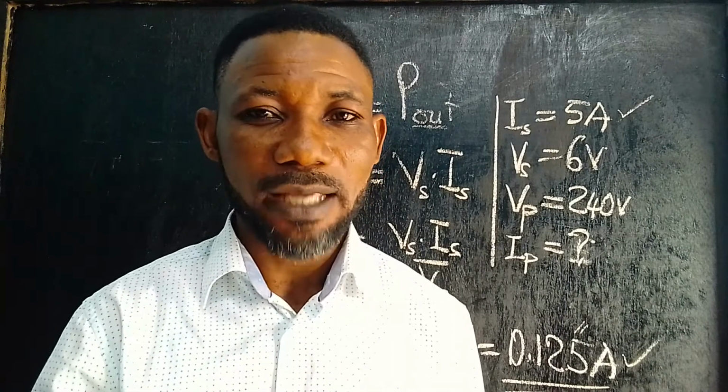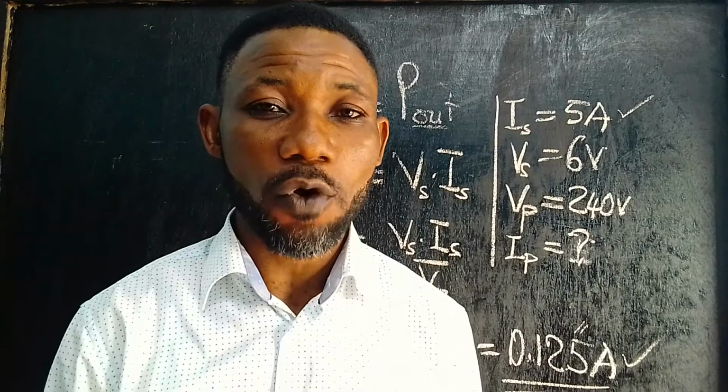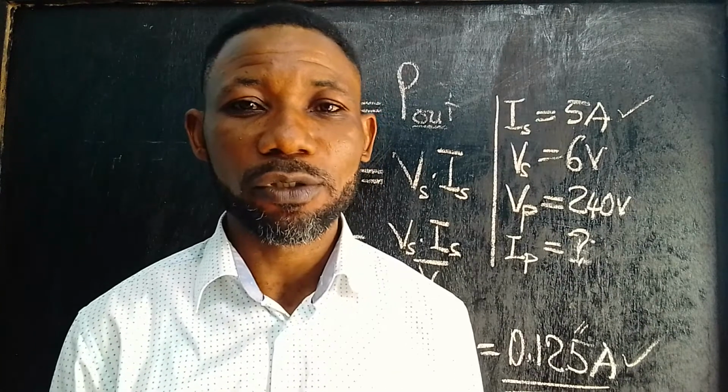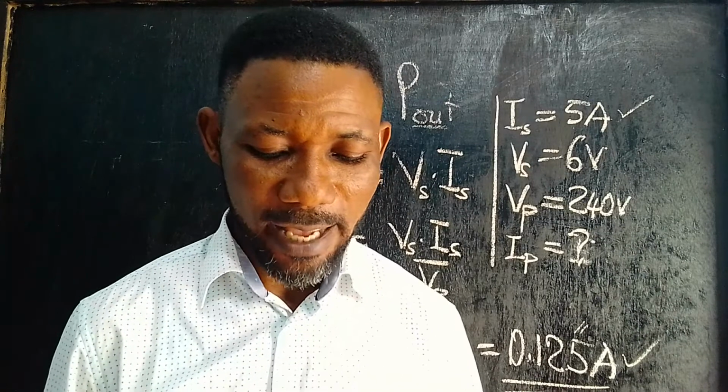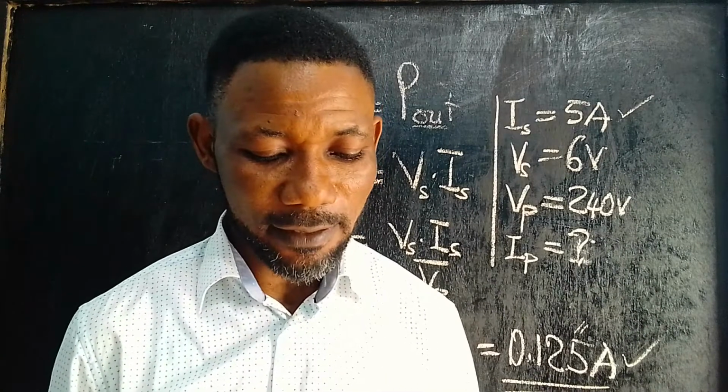Before interaction and after interaction, there is no external force, and so the total momentum before collision is equal to the total momentum after collision, provided the external resultant force is 0.